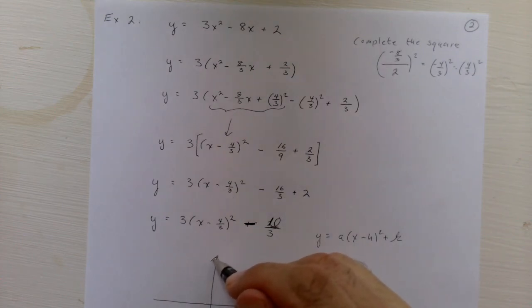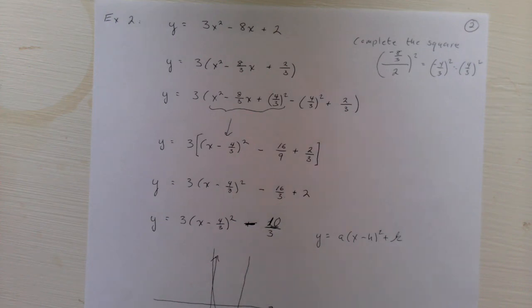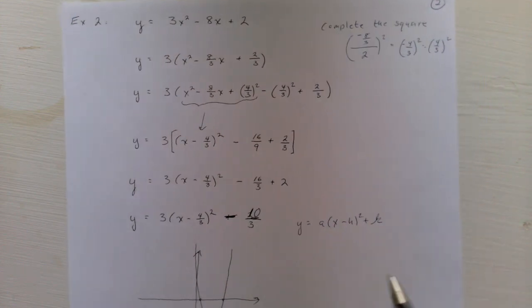And then it turns out our graph will look like something like this. Okay, we can double check that the x-intercepts will both be positive, the same as we did before.